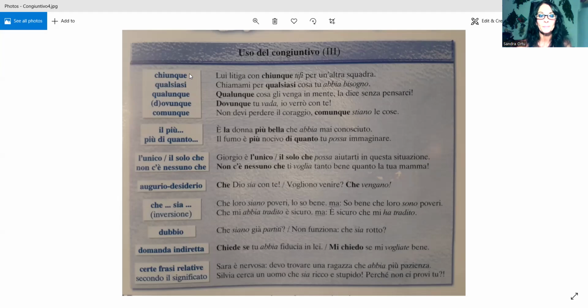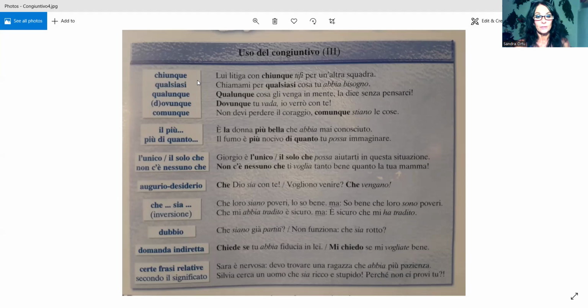So here we have chiunque, qualsiasi, qualunque, dovunque, comunque, which are similar in the sense that they mean whoever or wherever or however, for example, whatever you do, however you go, wherever you go, whoever you go with, etc. So these words are followed by subjunctive, and the difficulty is also that you may not be familiar yet with some or any of these expressions or words.